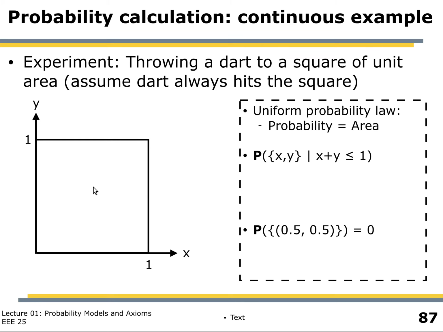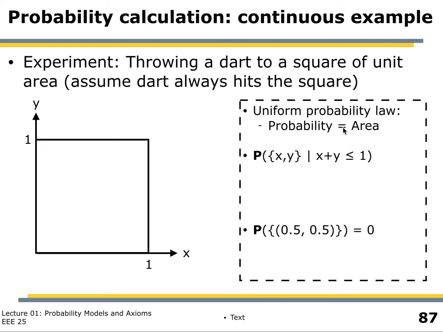Now, what would be a probability law that we can use? The simplest case would be to use the uniform probability law, but since we're dealing here with a continuous example, our probability will now be equivalent to an area.